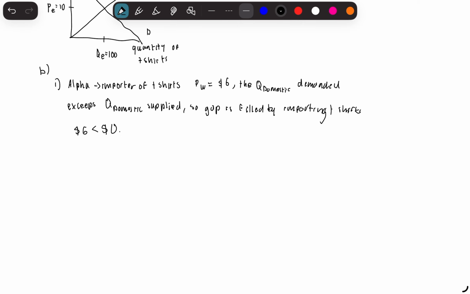The price of the world is lower than the domestic equilibrium.